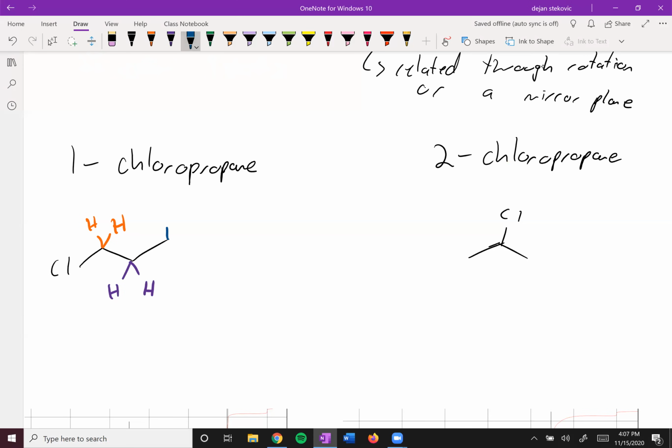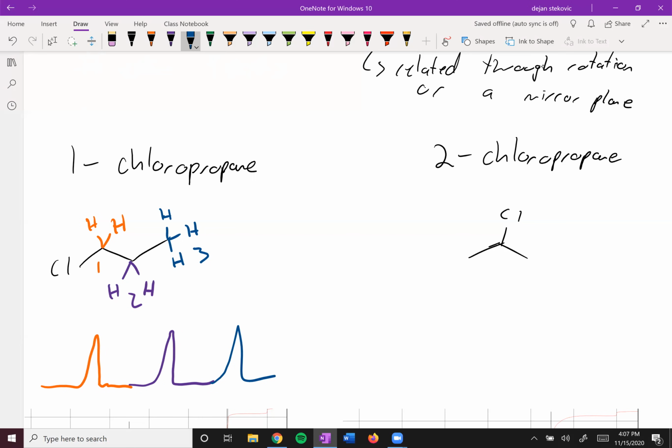And then finally, we have another three, which will be different than all the other ones because now they're even further away from the chlorine. And so what we would expect is 1, 2, 3 different peaks. And we would expect the first one to be all the way over to the left, second one somewhere in the middle, and then the third one all the way to the right.